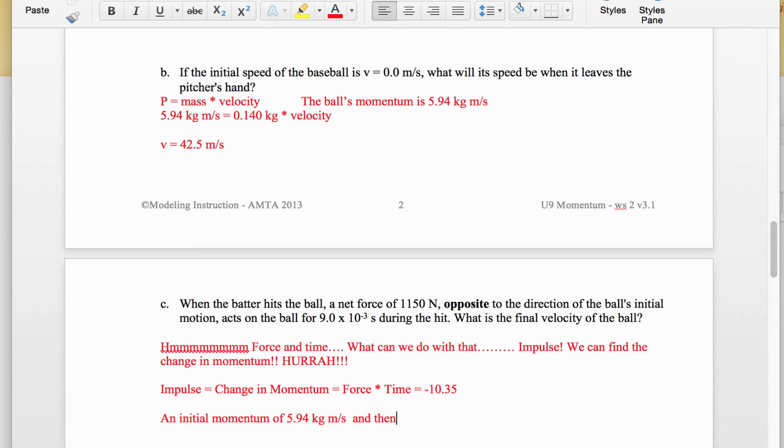And then it changed by negative 10.35 kilogram meters per second.